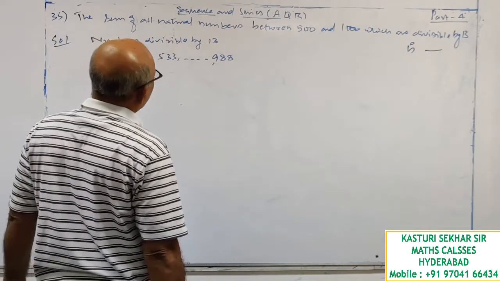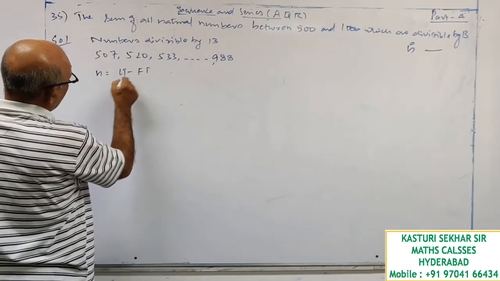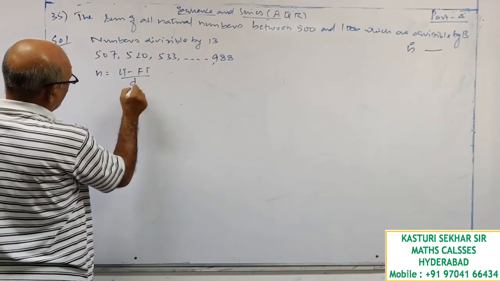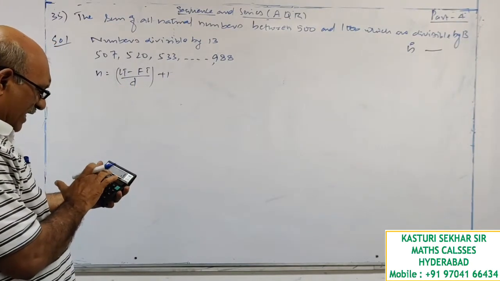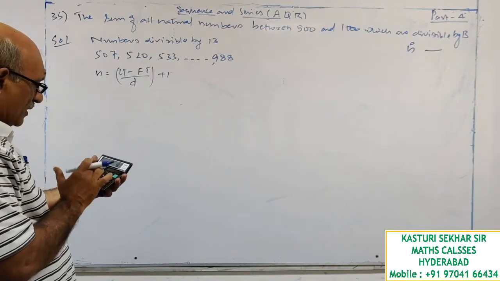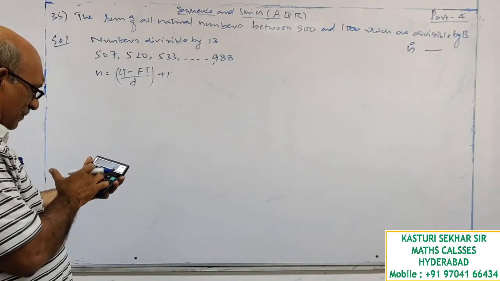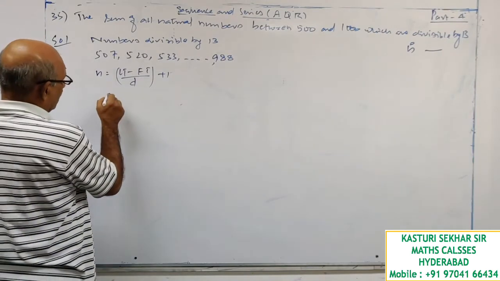Now number of terms are separated. Let us calculate it. Last term minus first term by common difference plus 1. So this is 988 minus 507 divided by 13 plus 1. So there are 38 terms.